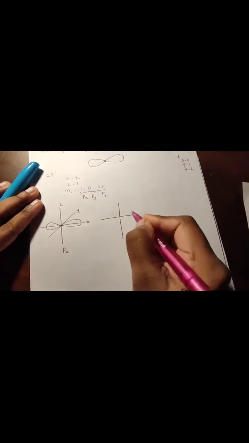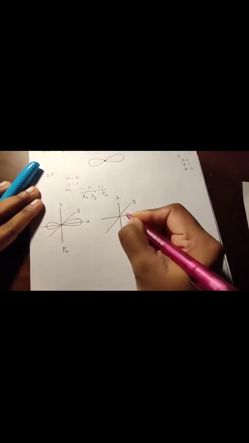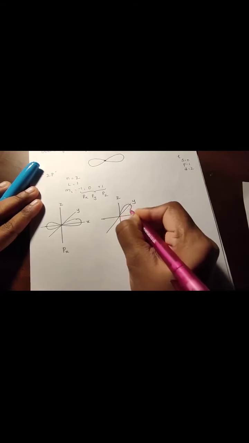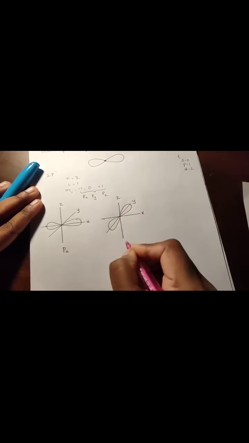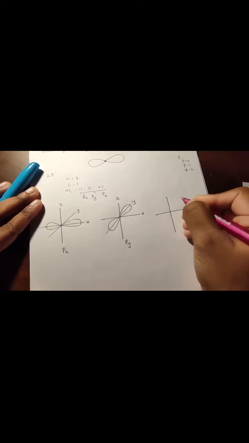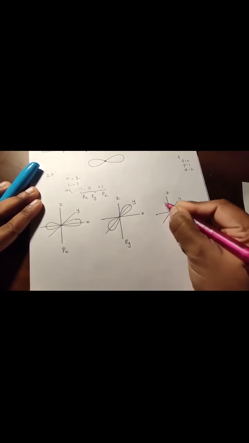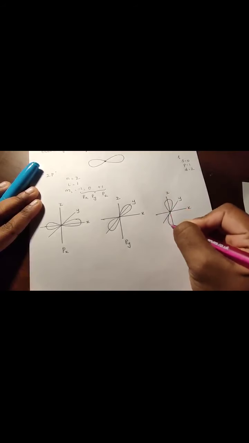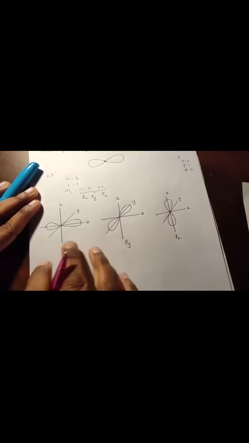So that is the px orbital. For the py orbital, with x, y, z, the electron cloud is oriented only on the y-axis. For the pz orbital, the electron cloud is oriented on the z-axis.